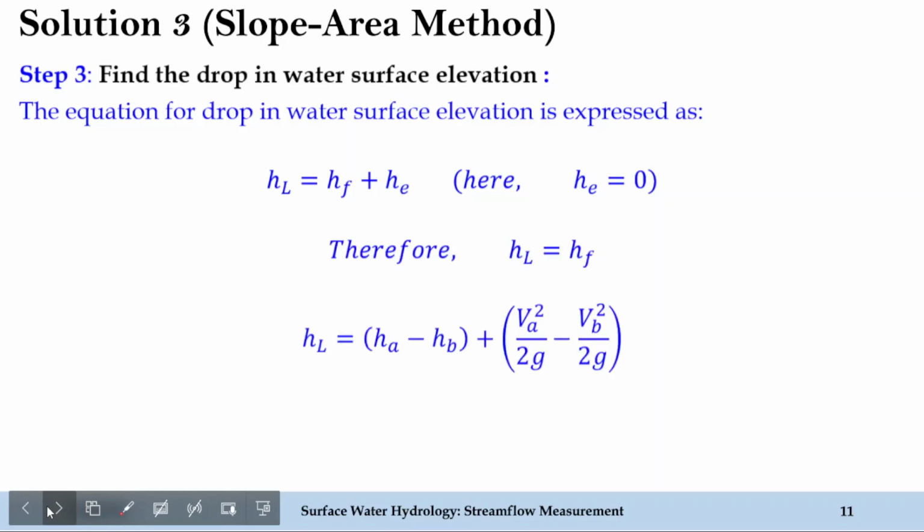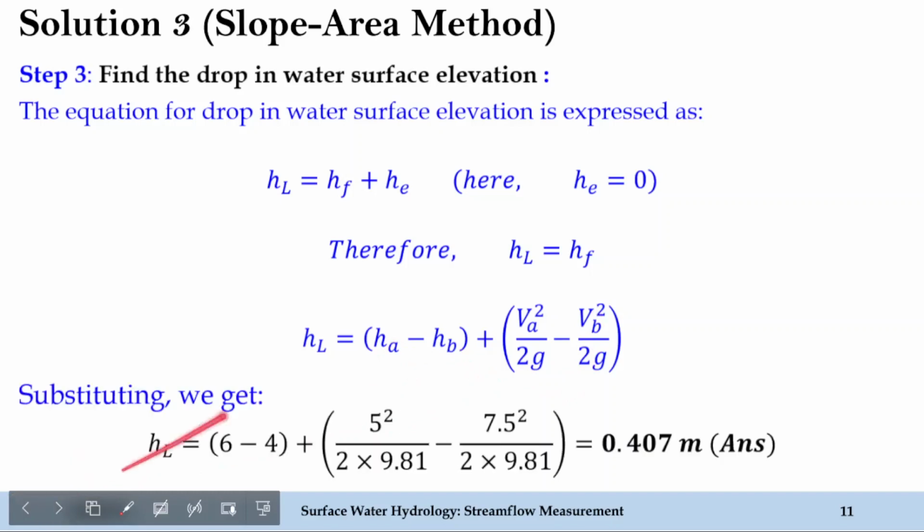Okay, and here this HF can be expressed as HA minus HB plus VA square upon 2G minus VB square upon 2G. Okay, for more information on this, please refer to the weekly slides being taken by Professor Dr. Rajiv Maiti in the regular lecture hours. Okay, so this is how we can express HF as HA minus HB plus VA square upon 2G minus VB square upon 2G. And all these values are known.